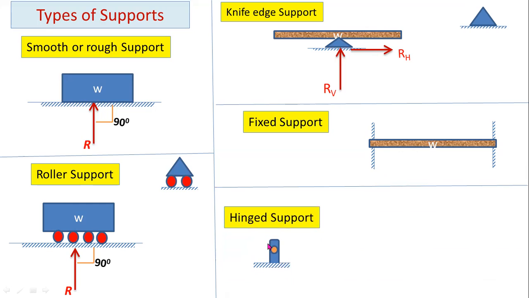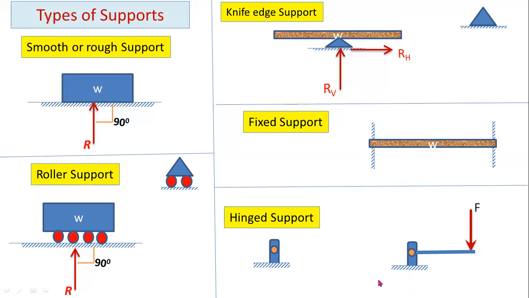Hinged support, also known as pin joint support. A beam which is hinged at one end is shown in figure. The reaction at the hinged end may be either vertical or inclined depending upon the type of loading.